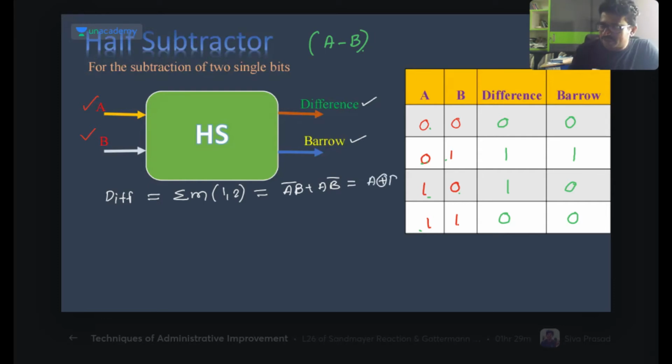And this is the borrow. For borrow, the min term is 1, which means it is A bar B.